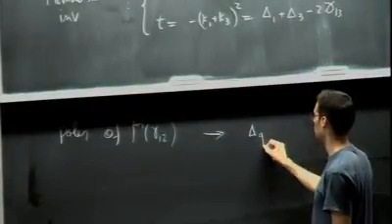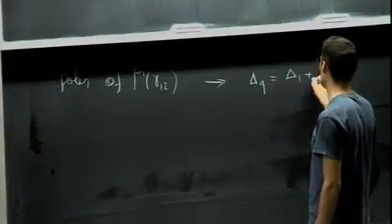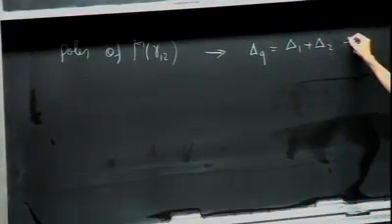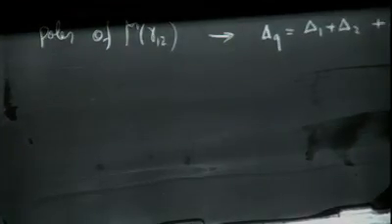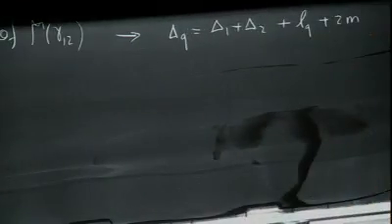And if you map that to S and T variables, the poles of gamma 1, 2 correspond to operators which have dimension delta Q equals delta 1 plus delta 2 plus LQ plus 2M. So what is this? Anyone remembers this formula?